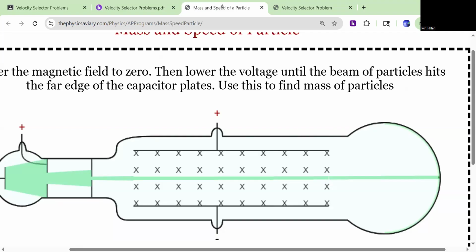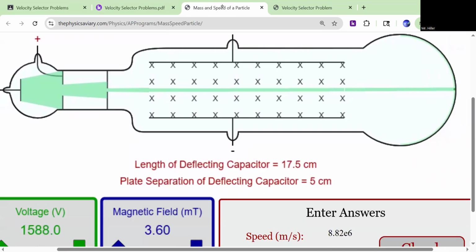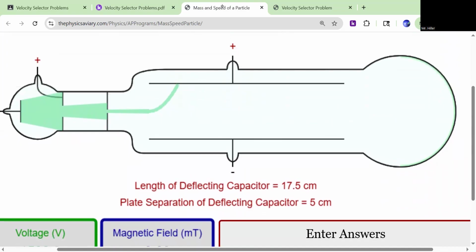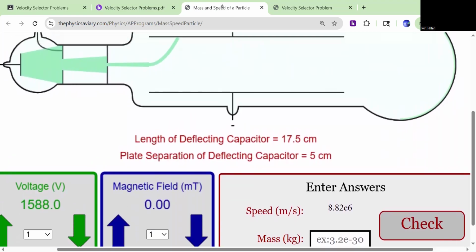So let's start by reducing the magnetic field to 0. Let's get that down. Okay, so the magnetic field is off. And then now I need to lower the voltage until, oh, that's too much.